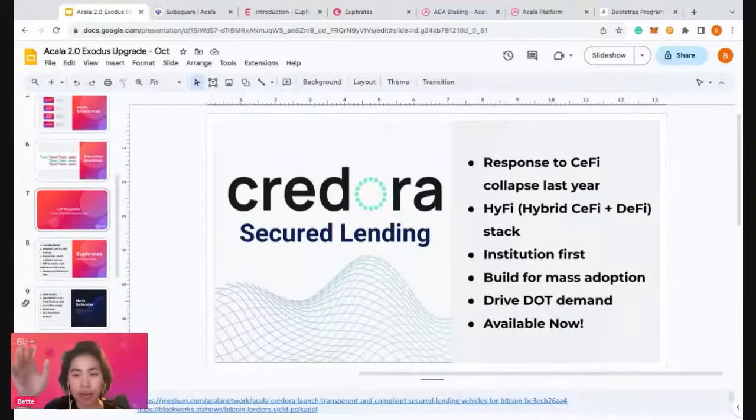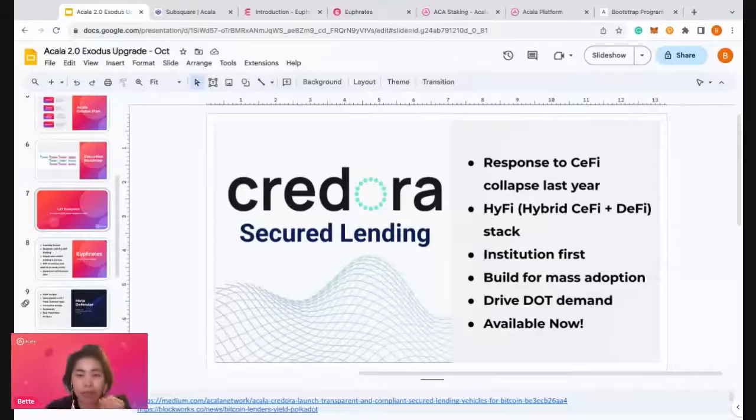BTC, right? So this product is able to provide secured BTC lending for 7 to 10% yield. And then, of course, when it gets to the consumer, it will have different parameters. But at the end of the day, the consumer can enjoy this yield product in a compliant and transparent way, and they are able to track all the way down to where that yield comes from.